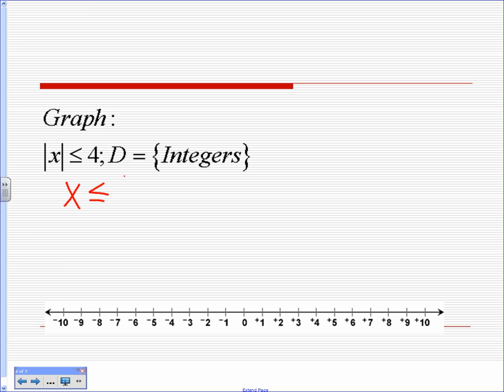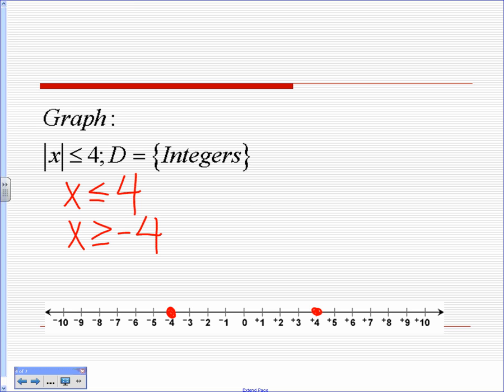X is less than or equal to 4. What is the next inequality? X is greater than or equal to negative 4. You graph both of them. Both of them have to apply. Okay, so do I put a circle or a dot? Okay, at negative 4 and 4.